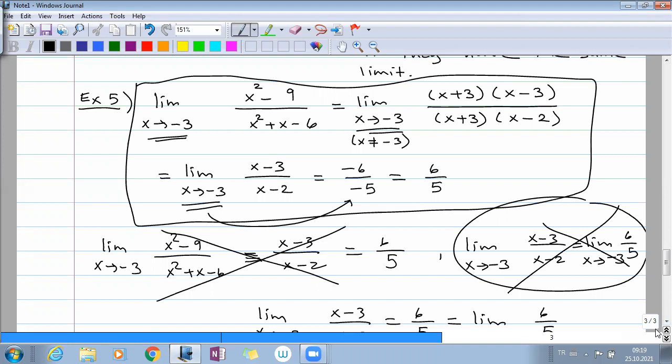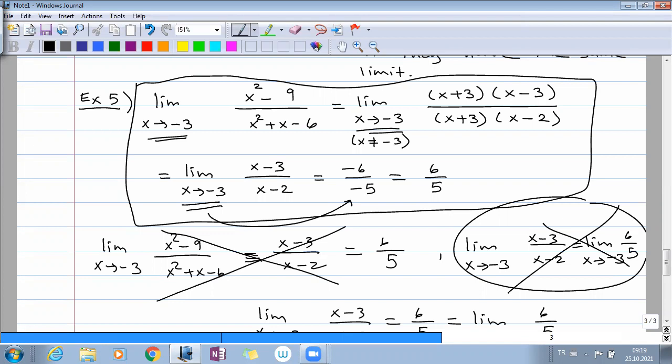Any other questions about this? Okay. Yes, we are using symbols. We are writing down formulas, but whatever you wrote down, you should be able to read as a complete and correct sentence. When I write down, I read it as limit as x goes to -3 of x squared minus 9 over x squared plus x minus 6 is equal to the limit as x goes to -3 of, and so on.